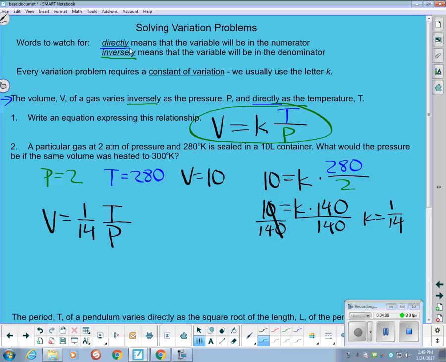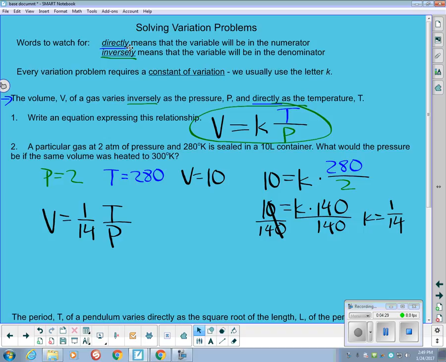It's a characteristic of this particular gas, and different gases would have different values of K, but the relationship between them remains the same. So now it's asking us, what would the pressure be if the same volume, that same 10 liters, was heated to 300 degrees Kelvin?